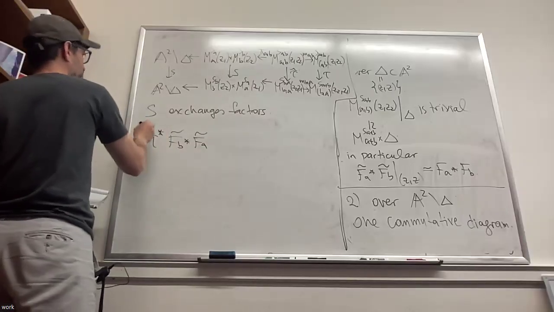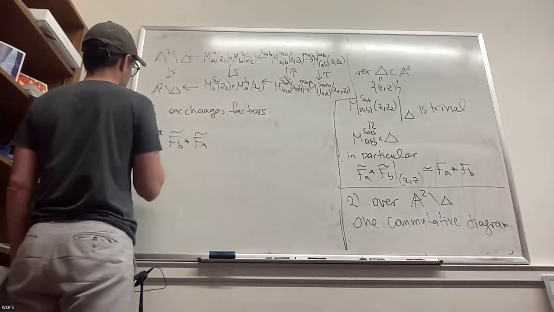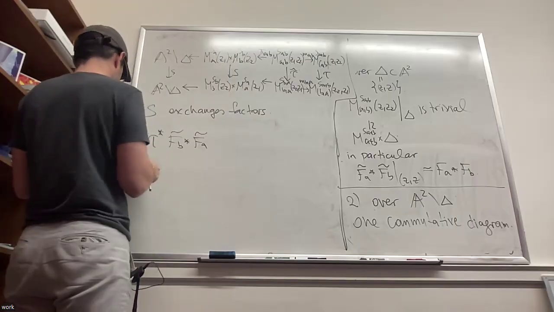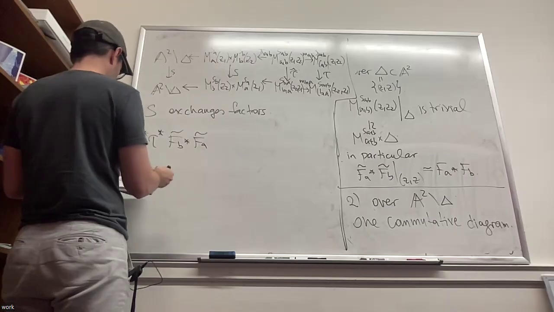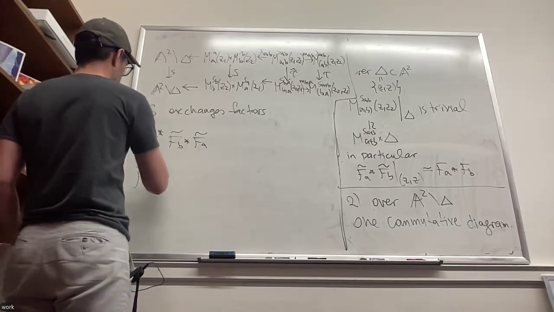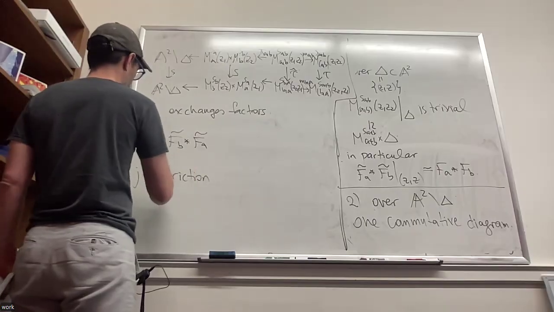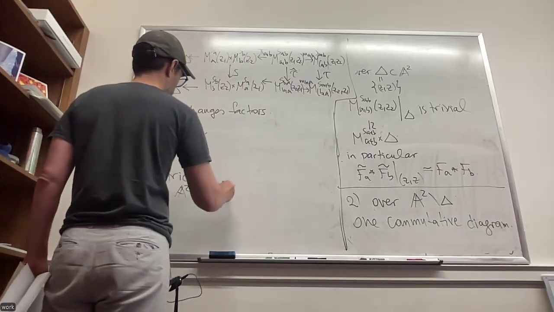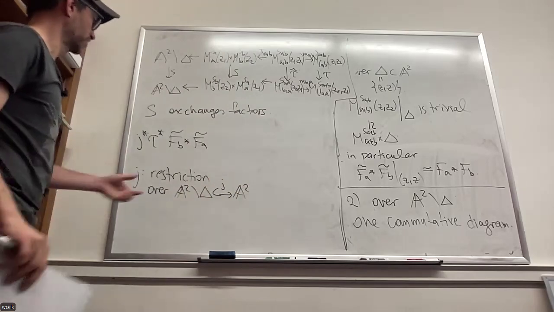And now let's restrict to the diagonal. This is all happening away from the diagonal, so J is the restriction to away from the diagonal.